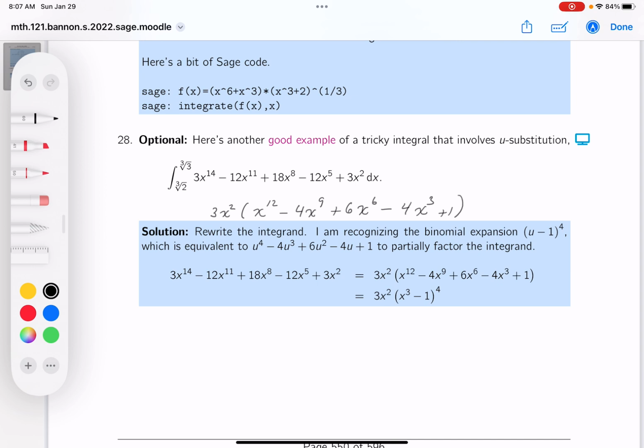I'm looking at this 12th degree polynomial now, and it looks tough, but I just want to focus in on the coefficients because they're looking recognizable. The coefficients are 1, I'm not going to look at the sign yet, 4, 6, 4, and 1. It's sort of recognizable. It looks like a binomial expansion, Pascal's triangle.